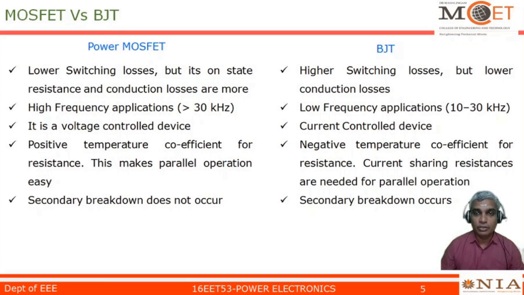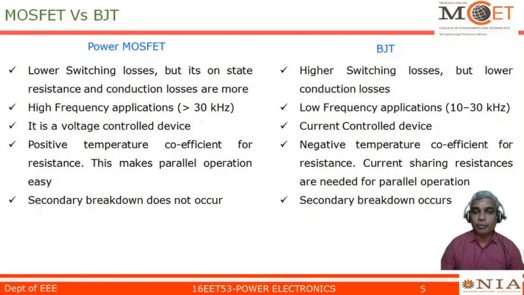When one of the MOSFETs is initially taking more current, that MOSFET will heat up much faster. Because of the positive temperature coefficient, the MOSFET which is taking more current will heat up more and its resistance will also increase, and this in turn reduces the current taken by it. The balancing of current will take place in the case of parallel operation of power MOSFET.